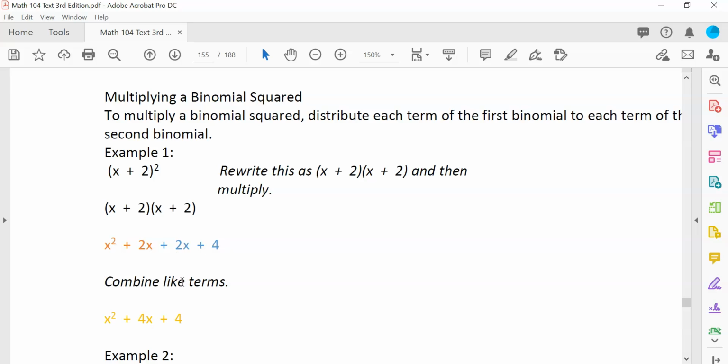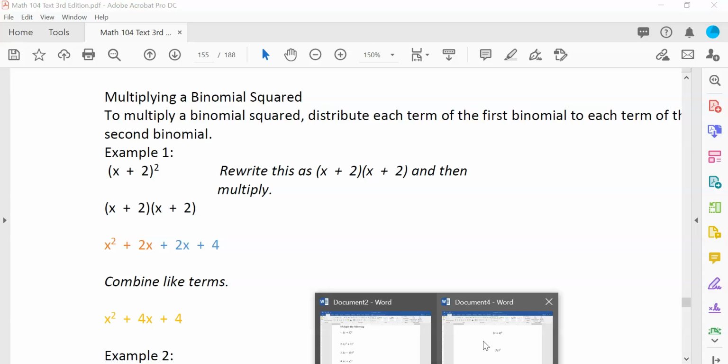When you combine like terms, you end up with x squared plus 4x plus 4. So when taking a binomial and squaring it, the best way to do that is to write x plus 2 times the quantity x plus 2.